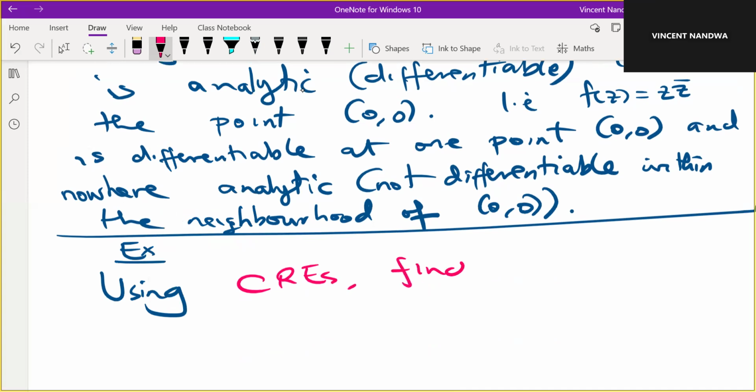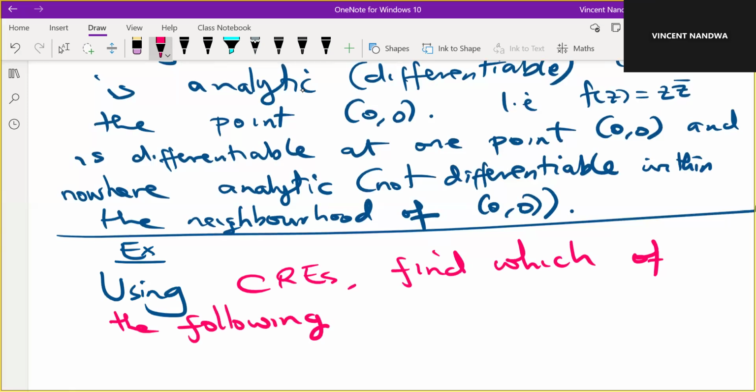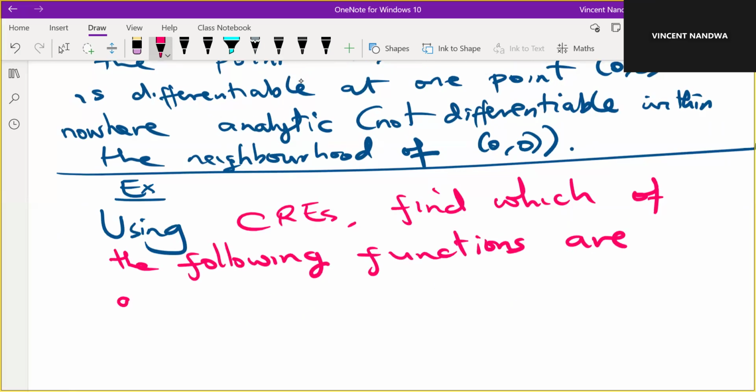Find which of the following functions are analytic at least at 1 point.